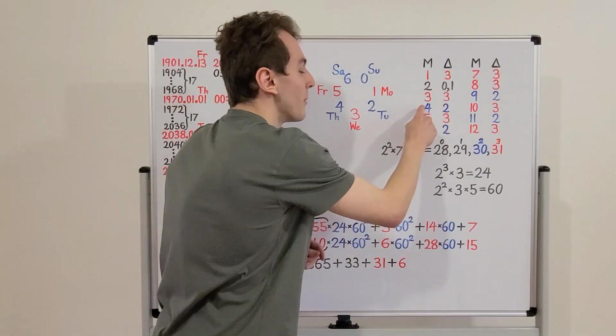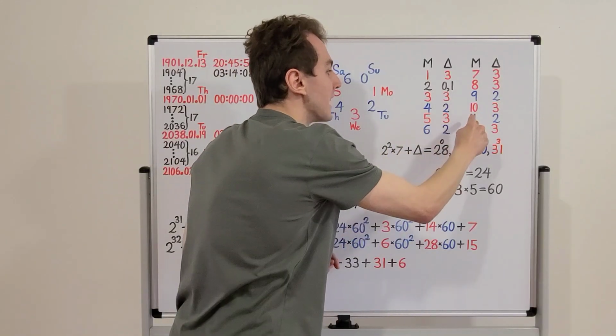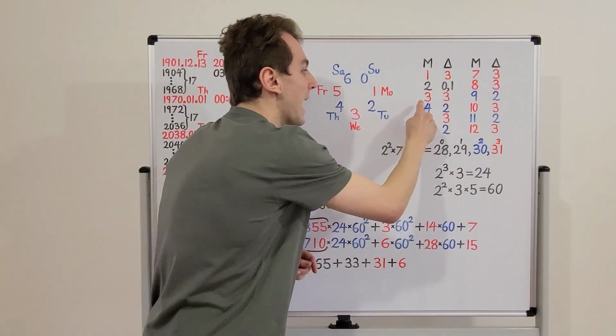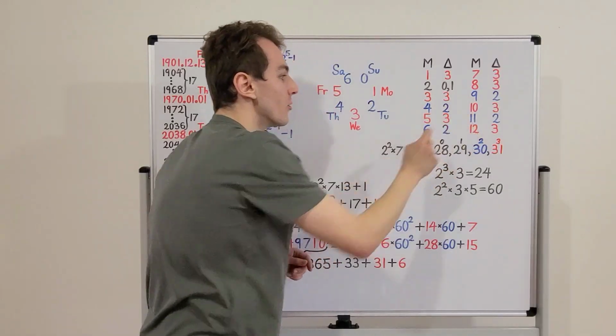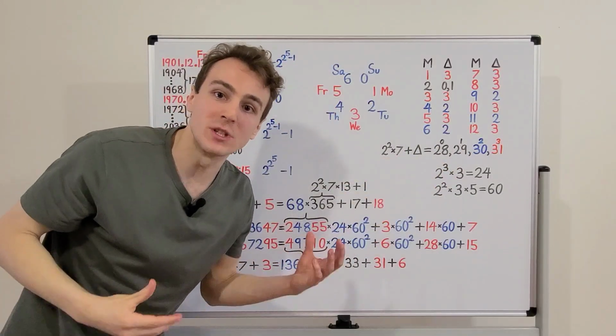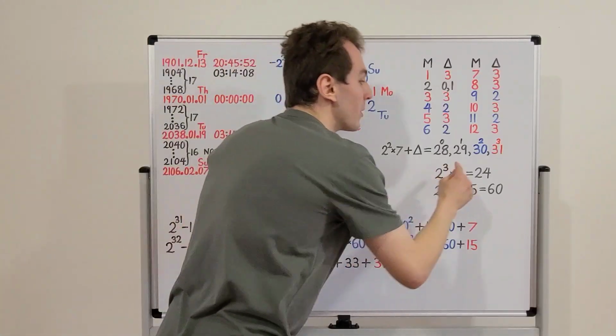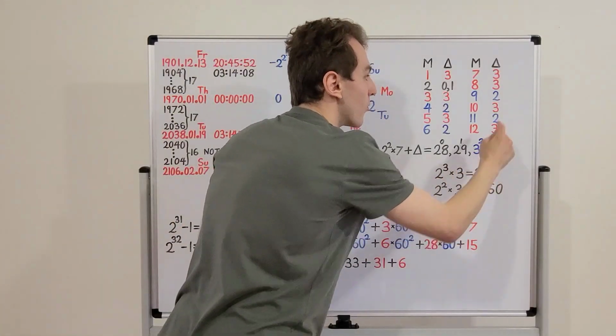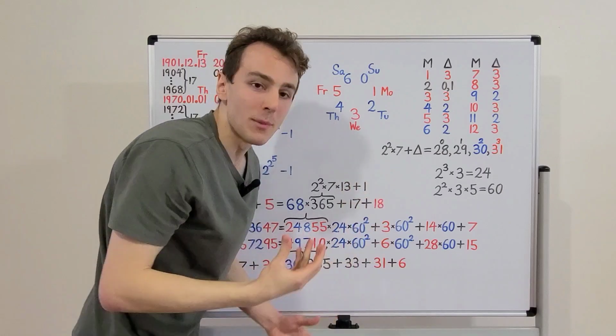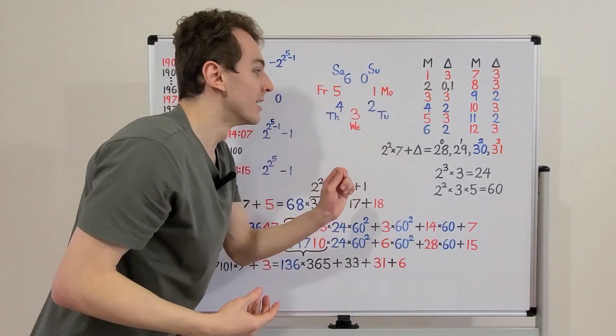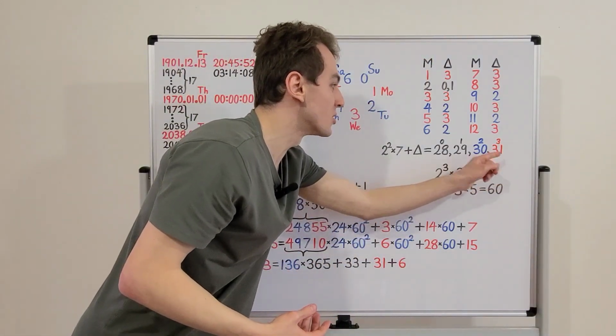And if we observe month number 4, 6, 9, and 11, these correspond to April, June, September, and November. They all correspond to delta equals 2. So that means that we have 30 days in these 4 months. And the remaining months, they all have delta equals 3. So they have 31 days in total.